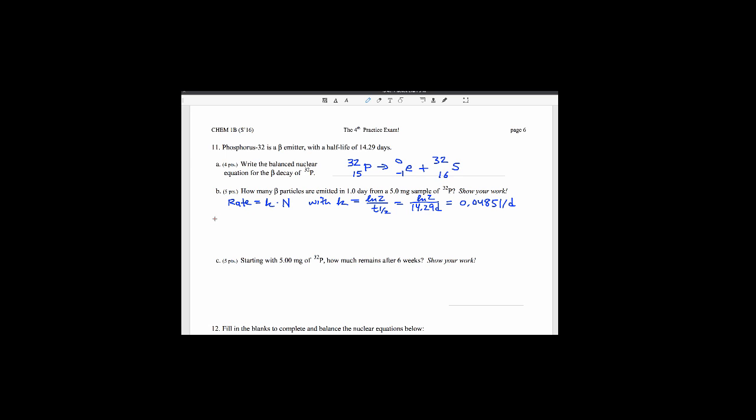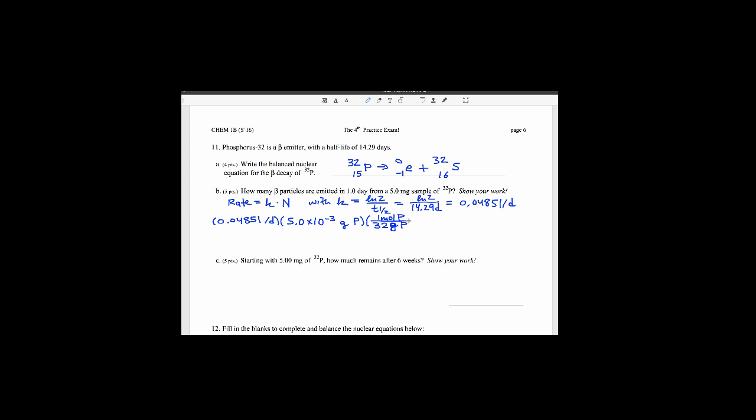So we'll calculate the rate. It's K, which is 0.04851 per day, times the amount, which is 5 milligrams. So let's make that grams. 5 times 10 to the minus third grams of phosphorus. So this would give us how many grams of phosphorus decay per day. And we need to convert the grams into, first of all, moles. The isotope phosphorus 32 is about 32 grams per mole.